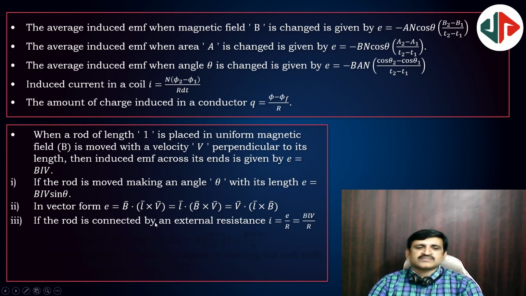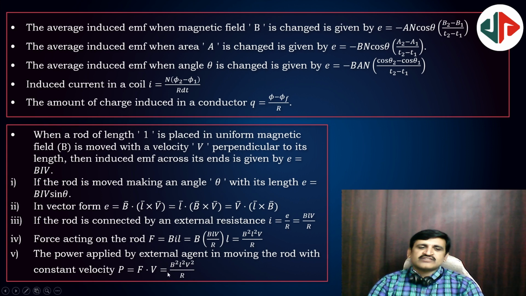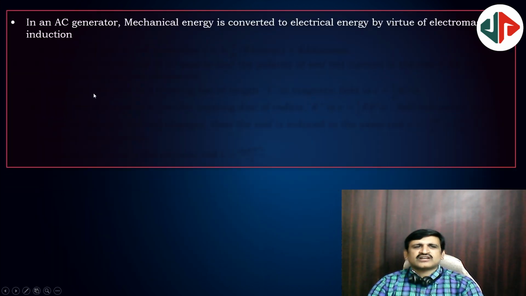You can change the respective things. If the rod is connected to an external resistance, I equals E by R, that is BLV by R. Force acting on the rod F equals BIL, which is B square L square V by R. If you want power, P equals B square L square V square by R. Important formulas.